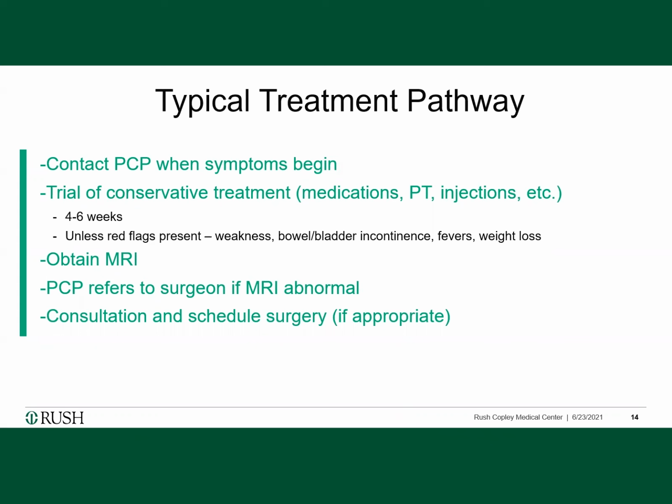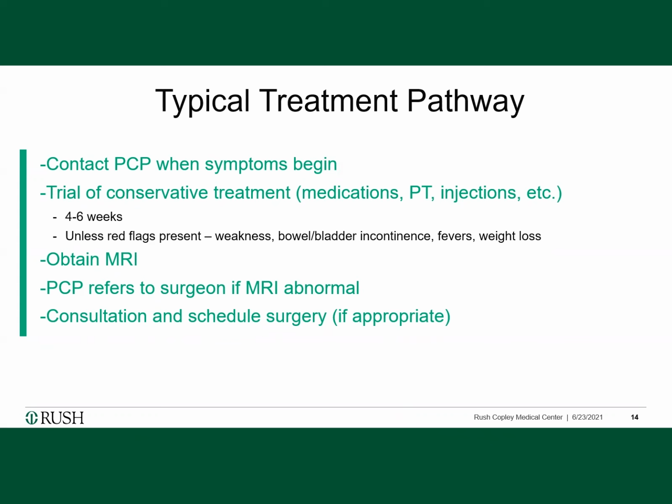If that doesn't work, then the next step is typically to obtain an MRI. An MRI is not necessary if the symptoms are mild or moderate and do not involve any of these red flags. But if the conservative treatment fails, then an MRI is obtained to see exactly what the problem is.